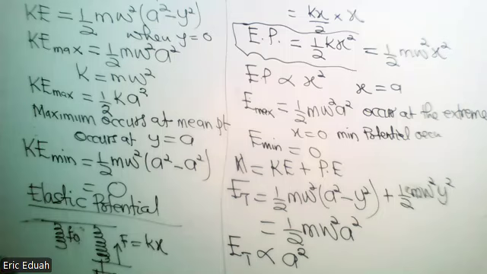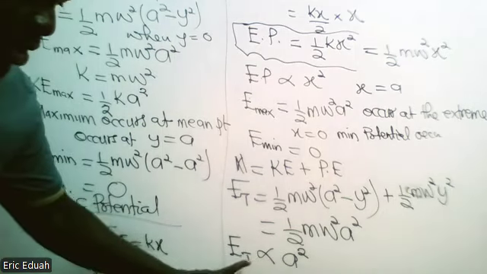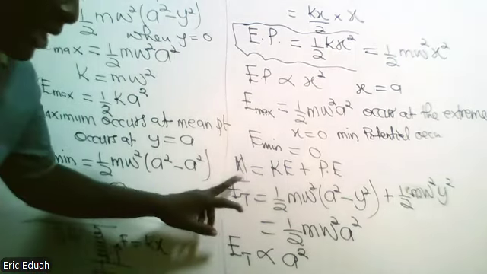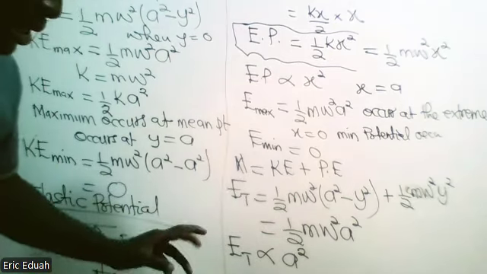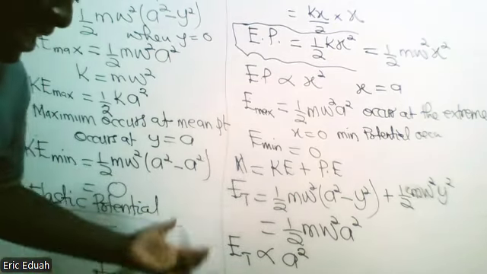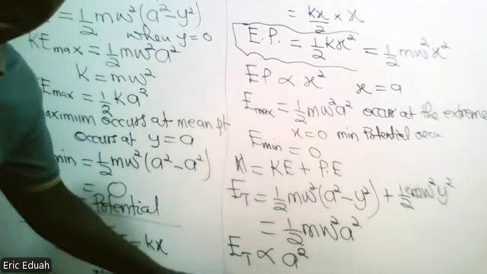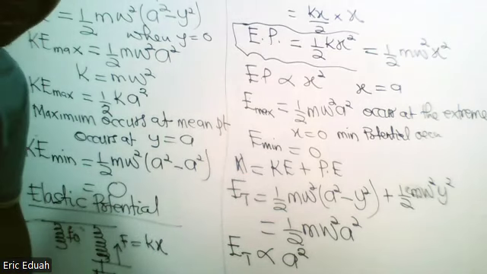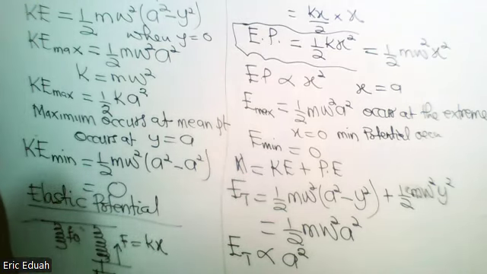So it means that total potential energy occurs at the extreme, and the total mechanical energy of an oscillating body also occurs at the extreme. Okay. So this is the summary of what we did.